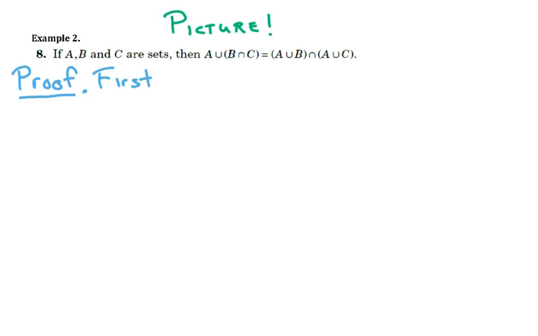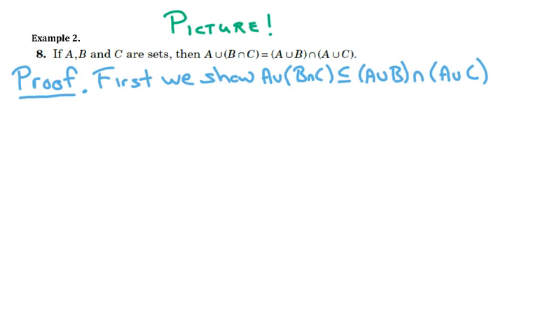First, we show that this set is a subset of this set, right? So we're going to pick an arbitrary element in this set and show that it's in this intersection. So how do I do that? I say let X be some element in A union (B intersect C).